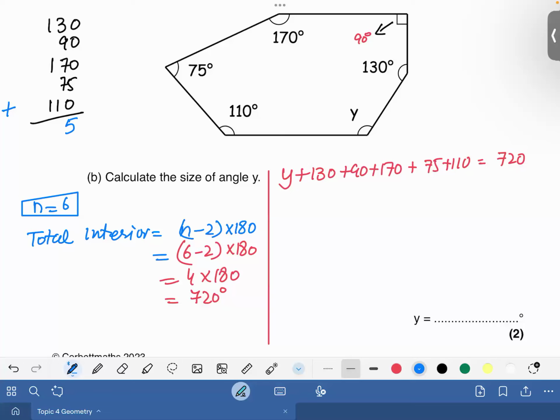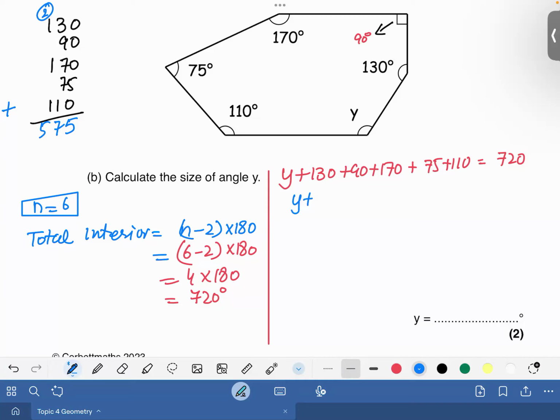Very good. 3 plus 9 is 12, 12 plus 7 is 19, 19 plus 7 is 26. 26 plus 1 is 27, 2 goes up, 2 plus 1 is 3, 4, 5, 575.